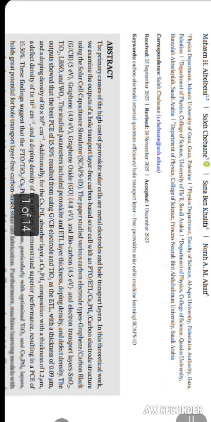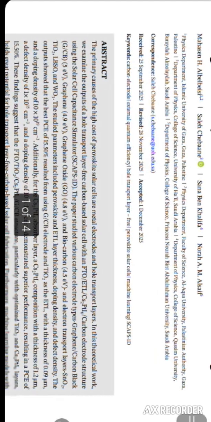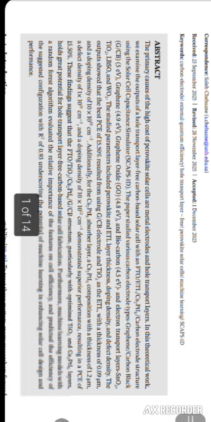In this paper, they focus on the Cs2PtI6 perovskite type, which is a B or a P perovskite type, to build a new structure, which is a hole transport layer-free carbon-based perovskite solar cell.